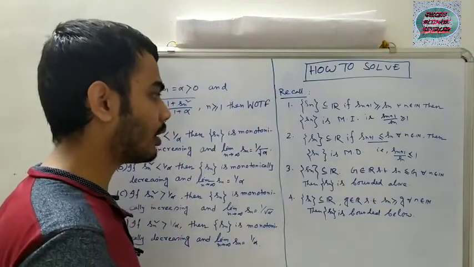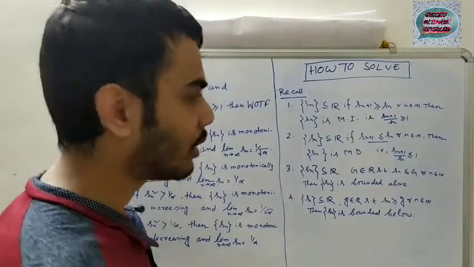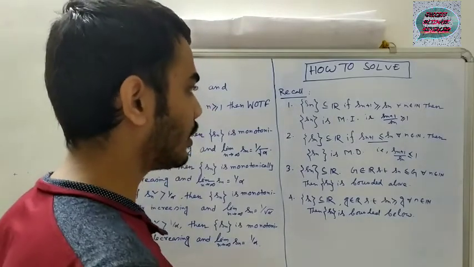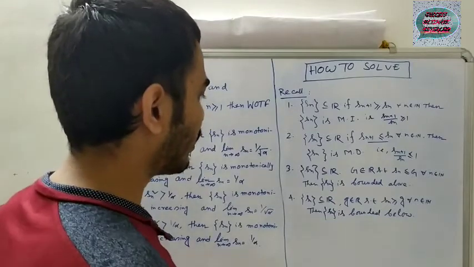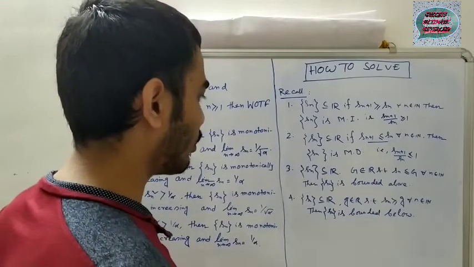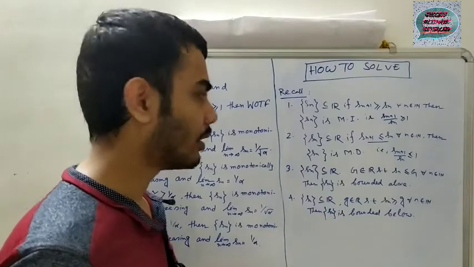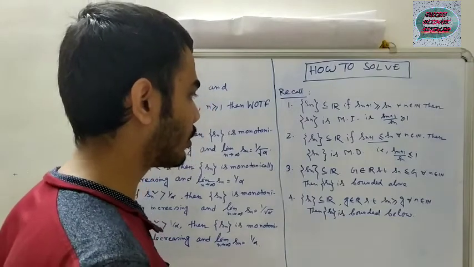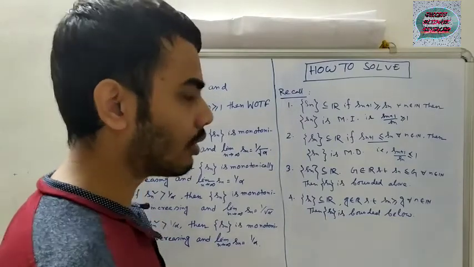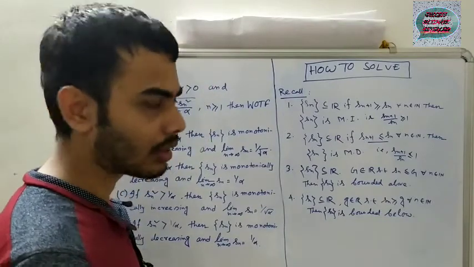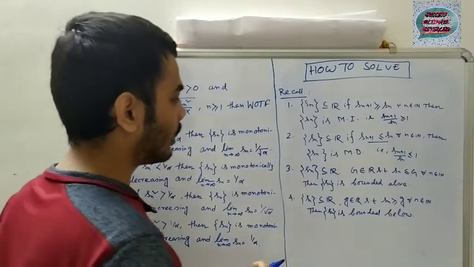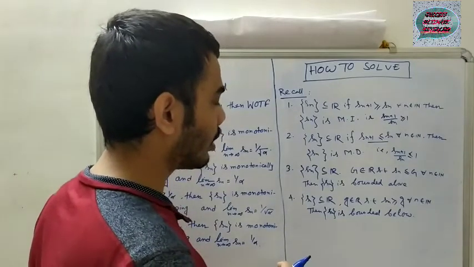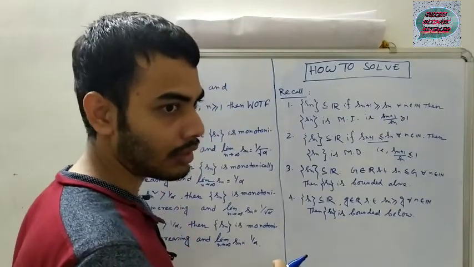A real sequence is called bounded above if there exists a real number G such that Sn is less than or equal to G for all n, and bounded below if there exists a real number small g such that Sn is greater than or equal to g for all n. Sn is called bounded if it is bounded above as well as bounded below.